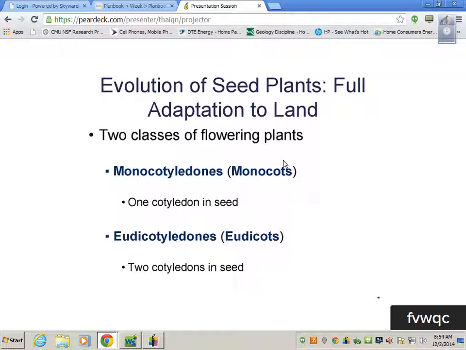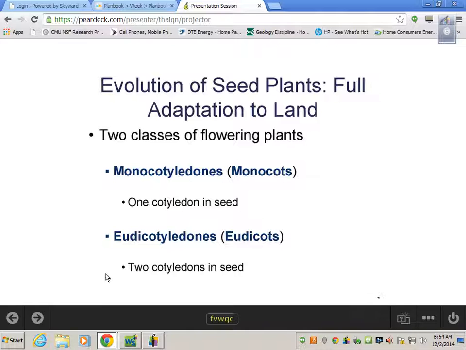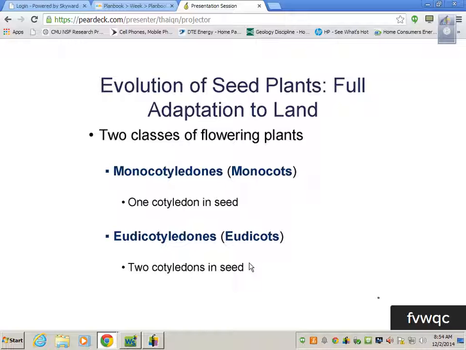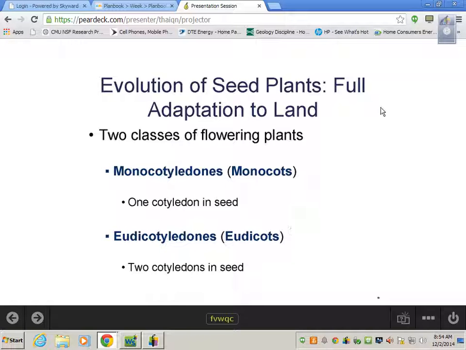And then there's the eudicotyledons, and these are the eudicots, where there are two cotyledons in the seed. The eudicotyledons are also sometimes referenced to as dicots, without the "u" in front of it. In fact, in elementary school, I think I remember they called it monocots and dicots when I was a kid.